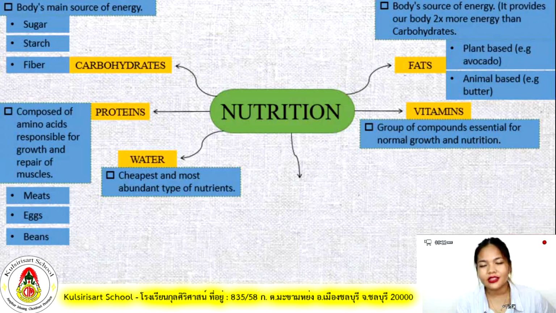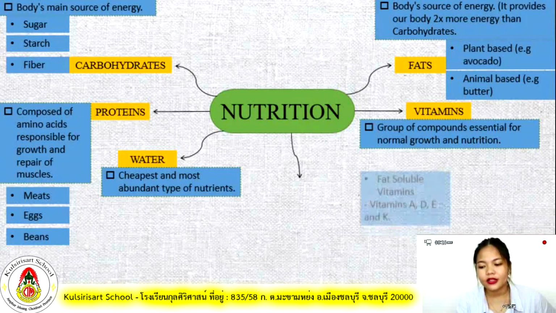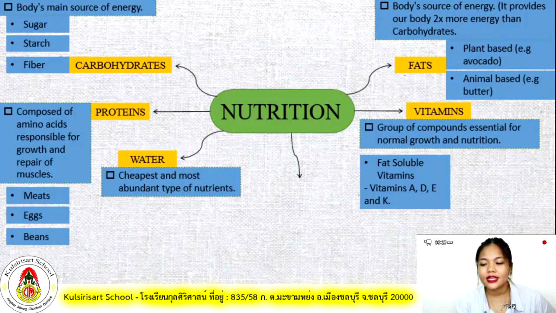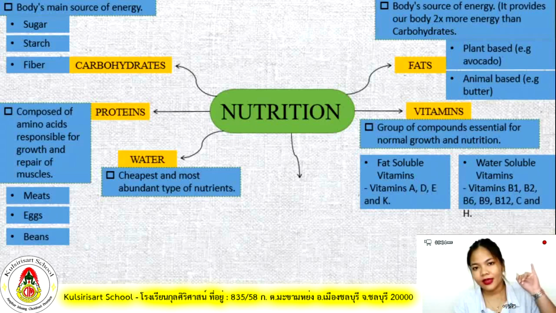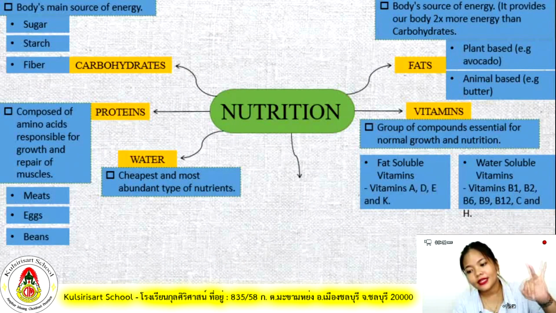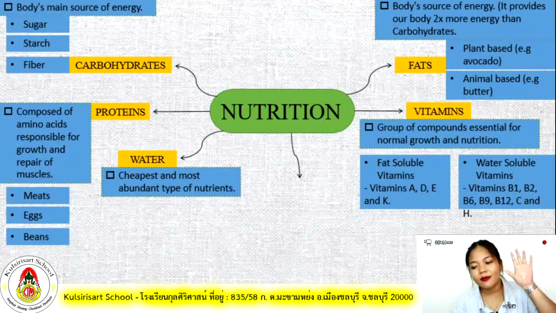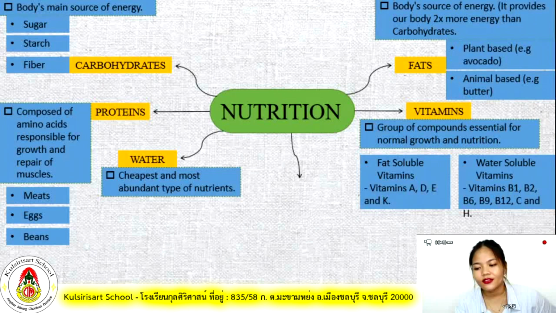We have 2 classifications of vitamins: fat-soluble vitamins and water-soluble vitamins. Fat-soluble vitamins include ADEK, vitamins A, D, E, and K. And water-soluble vitamins include vitamins B1, B2, B6, B9, B12, C, and H. These are the differences between fat-soluble and water-soluble vitamins. And the last nutrient that we discussed is minerals.